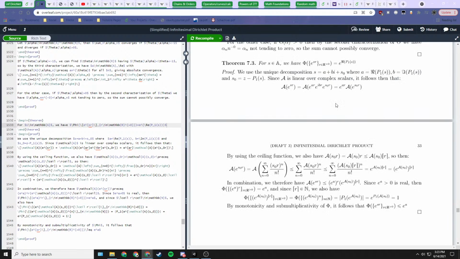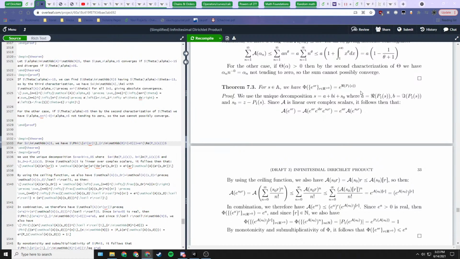Yes, okay, so then let me adjust this. So this shouldn't be equal, or at least I think it shouldn't be equal. No, wait, it should be equal.